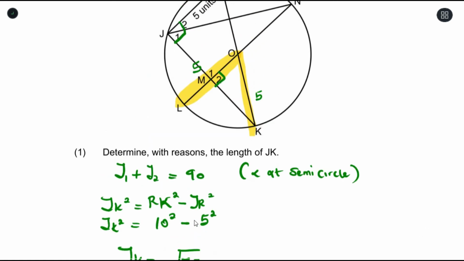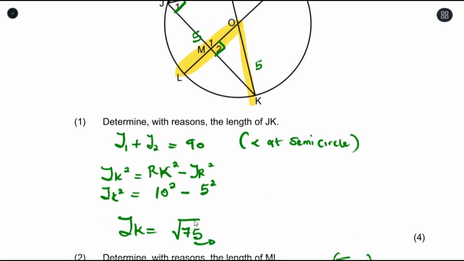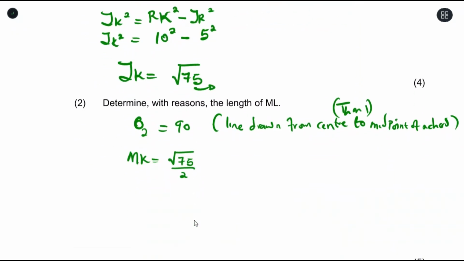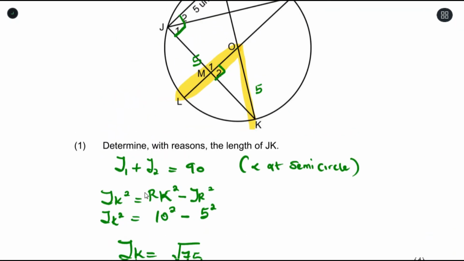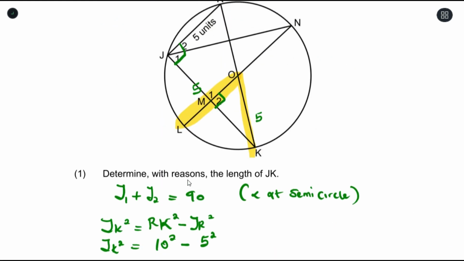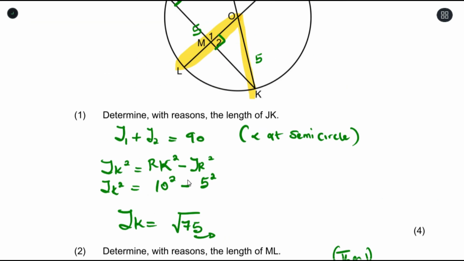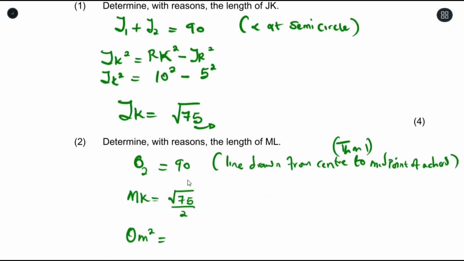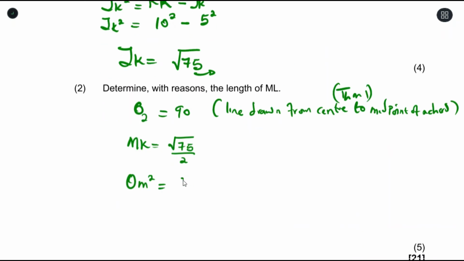Now we're just going to use Pythagoras for OMK, right? So what do I want to get? I want to get OM, right? So I'm going to say OM squared is equals to OK squared minus MK squared.